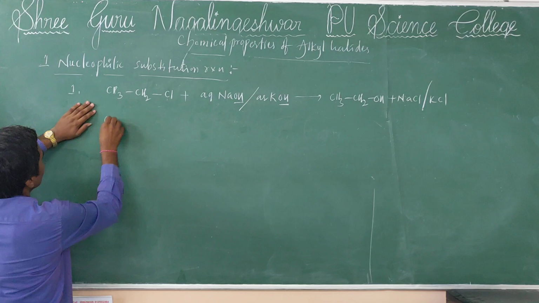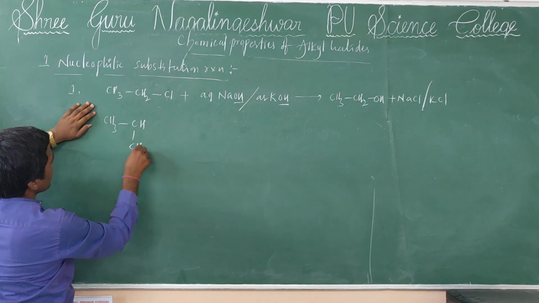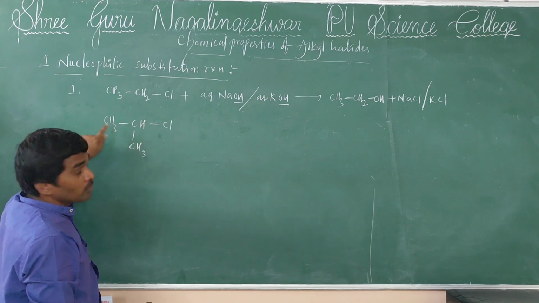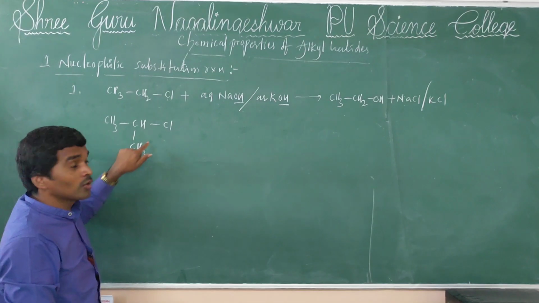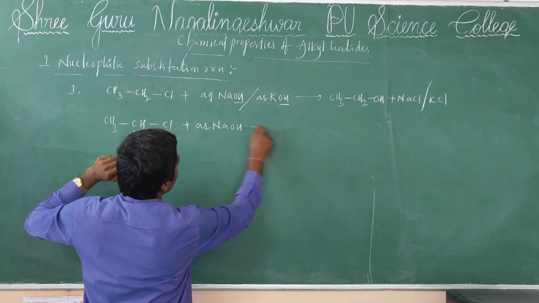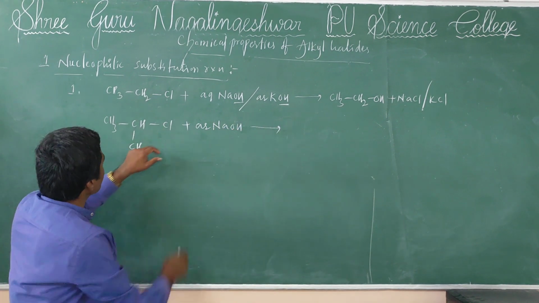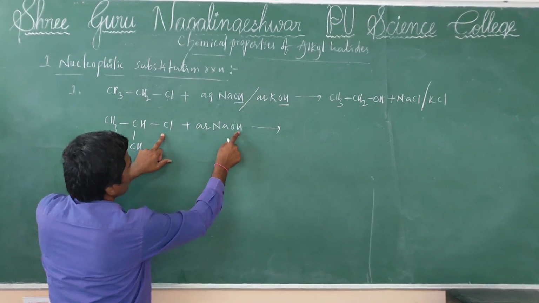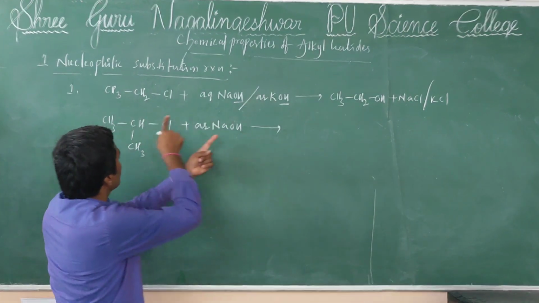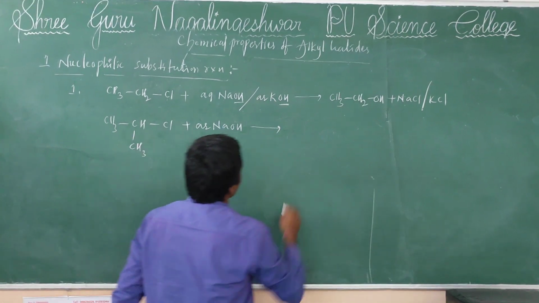I am taking, for example, secondary propyl chloride, means 2-chloropropane. This, if I react with aqueous NaOH, then OH comes to the carbon and Cl leaves. Then the nucleophilic substitution reaction takes place.